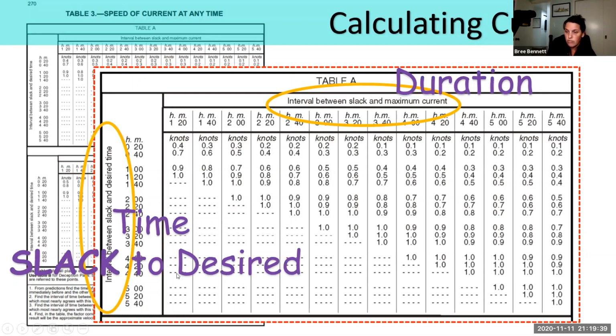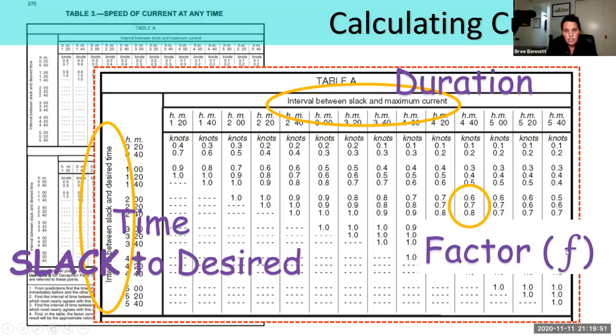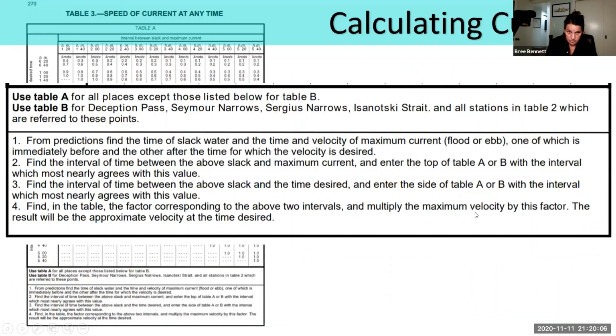So we always go from slack. And then the top is going to be our duration. So we use those 2 times, and wherever those meet gives us a factor. They call it a factor with a little f. So we use these 2 times and we get our factor.